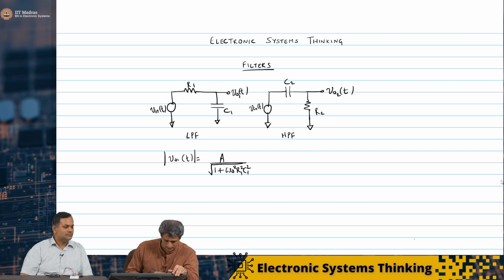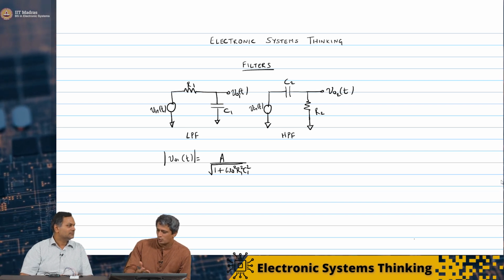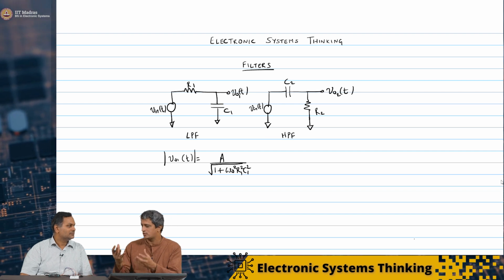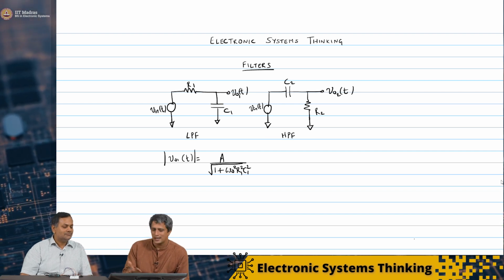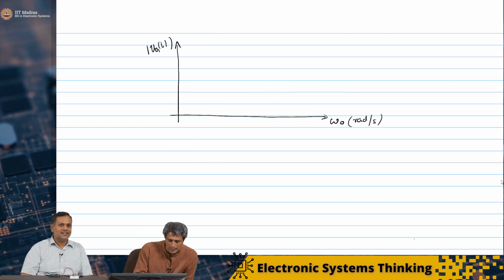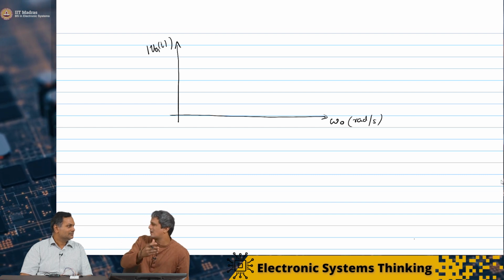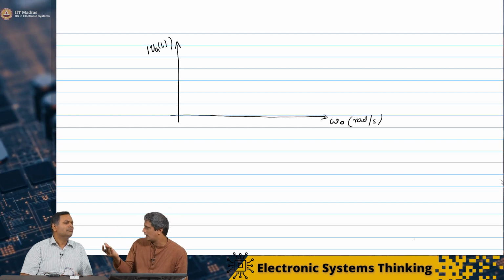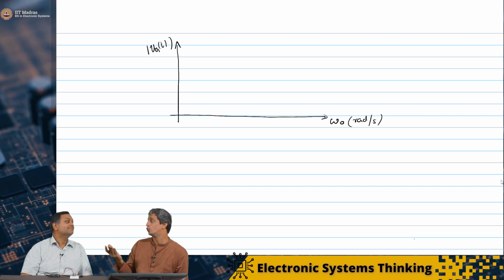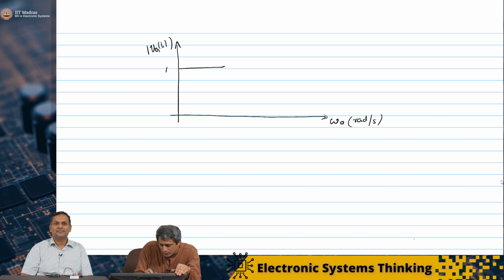So if you remember the discussion we had, we said that when omega naught R1 C1 was much less than 1, effectively this would just be close to A. And it would start falling off somewhere at 1 by RC. It would go to 1 by root 2. This is what we saw. So it would be something like this.